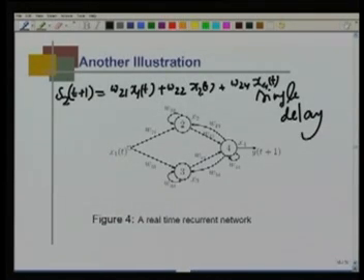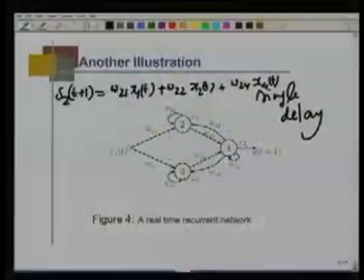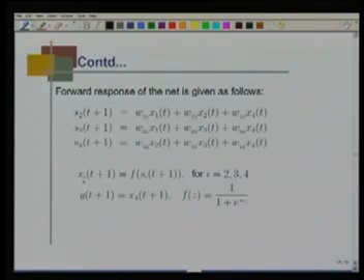So, this is the summed input to the neuron and then sigmoidally activated. Based on that we compute X2 T plus 1 is f of S2 T plus 1. Okay. So, the forward response of the network is you compute S2 T plus 1, S3 T plus 1, S4 T plus 1. After computing the total sum input to the neuron, the final response is the sigmoidal activation of the total sum input.